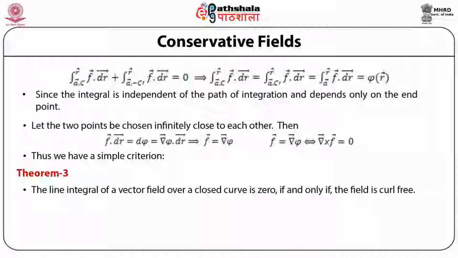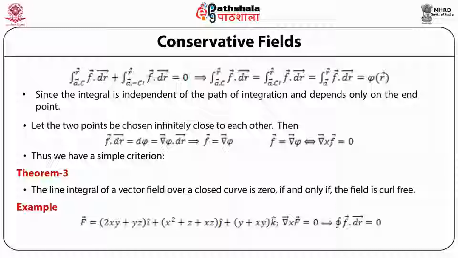The line integral of a vector field over a closed curve is 0 if and only if the field is curl free. For example, F = (2xy + yz) î + (x² + z + xz) ĵ + (y + xy) k̂; then ∇×F equals 0, that is, the integral of F·dr equals 0 from the theorem proved above.